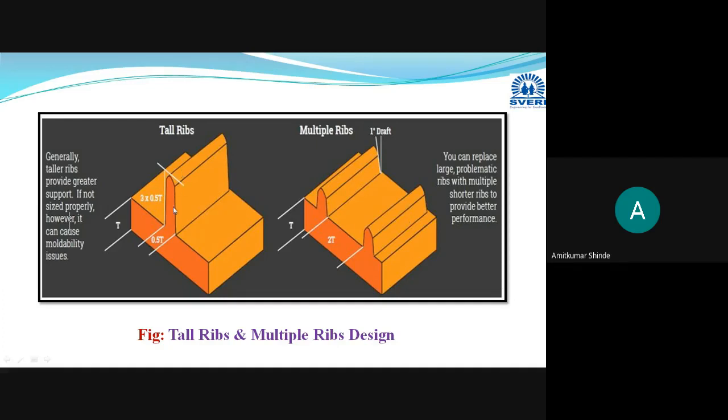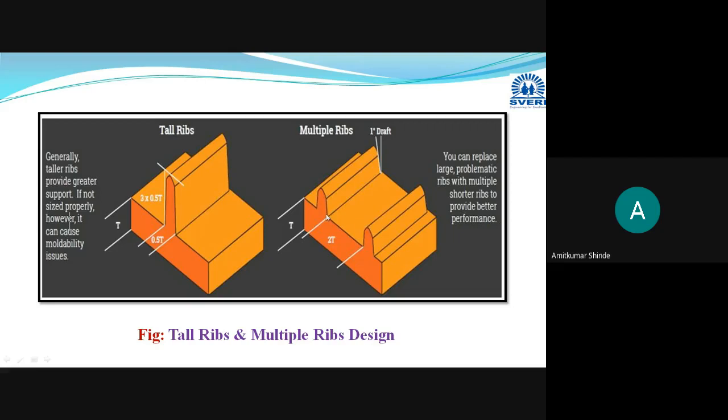Instead of one thin long rib, you can go for two thin ribs, by following the design guidelines related to their height and distance. Some taper should be provided; it will ease the ejection from the mold.